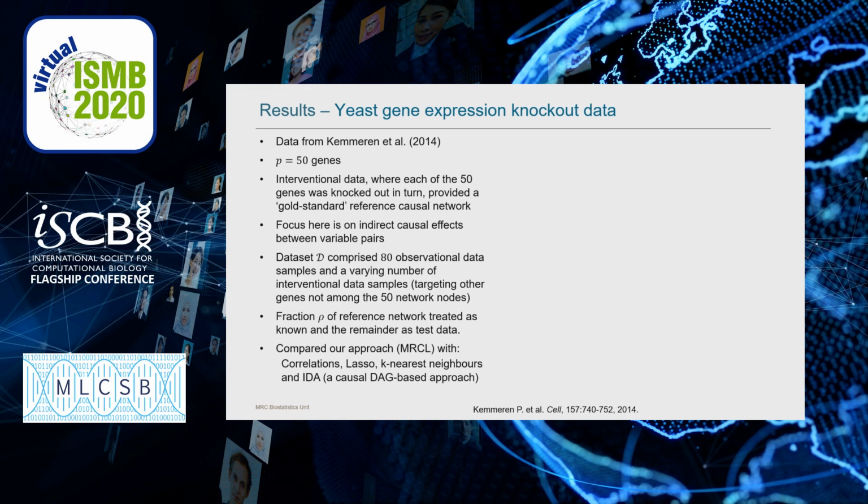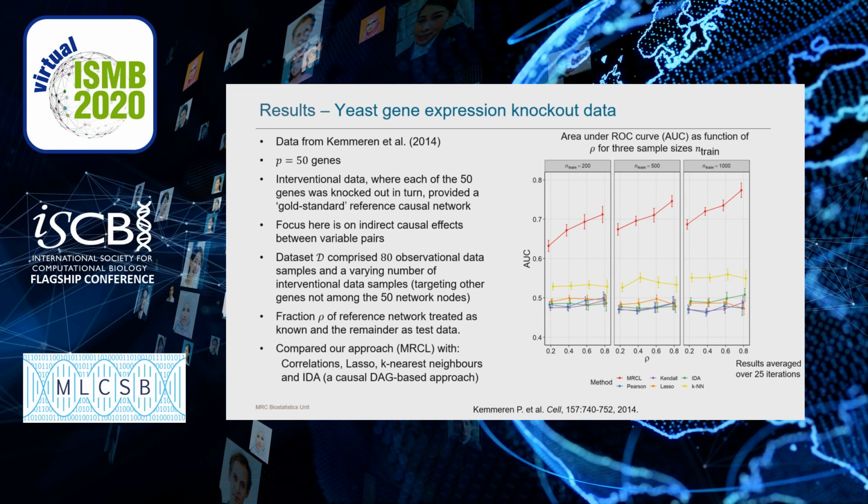And our predictions for these unknown labels are assessed against the held out values in the reference causal network. We compared our approach, which is called MLCL for manifold regularized causal learning, with correlations, lasso regression, k-nearest neighbours classifier, and IDA, which is a causal directed acyclic graph based approach.